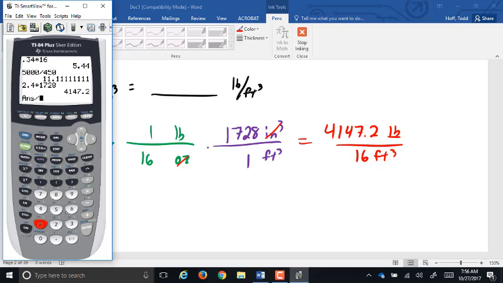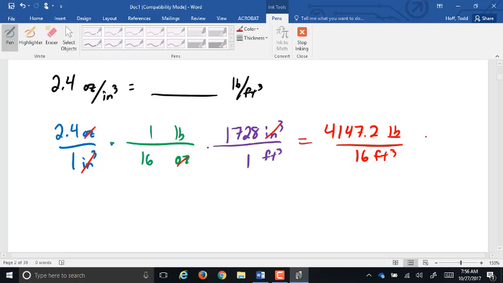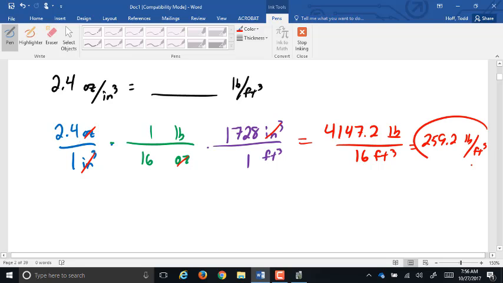Let's divide that by 16. 259.2 pounds per cubic foot. 2.4 ounces per cubic inch does not sound like that much, but that is an extremely dense material.